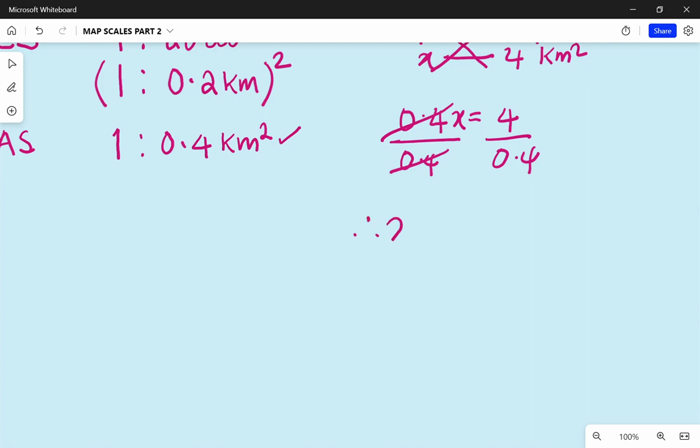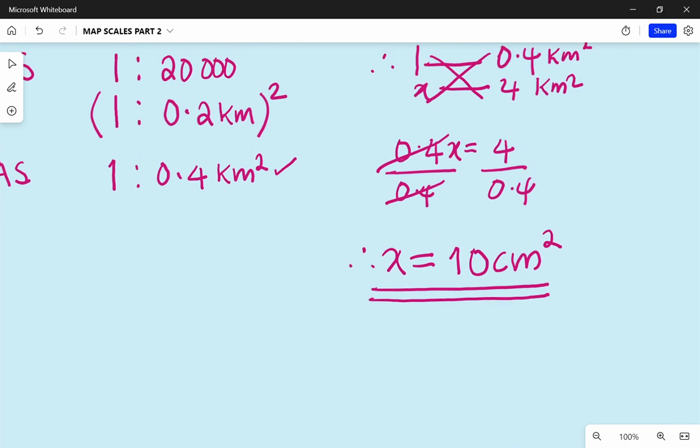Therefore x is going to give me 4 divided by 0.4, which is 10. Now these will be centimeters squared, since we're looking at map dimension there. So that is going to be my solution.